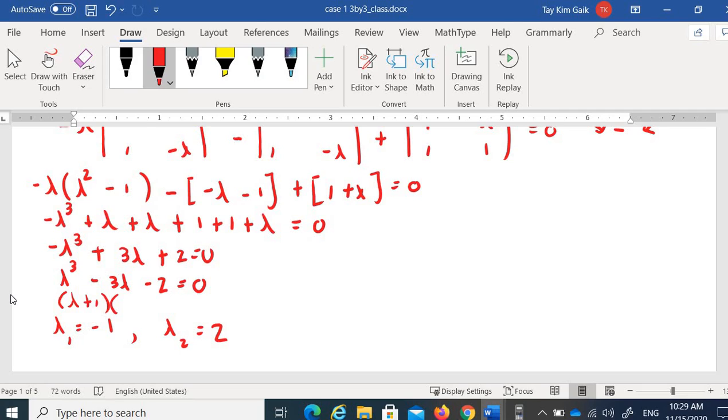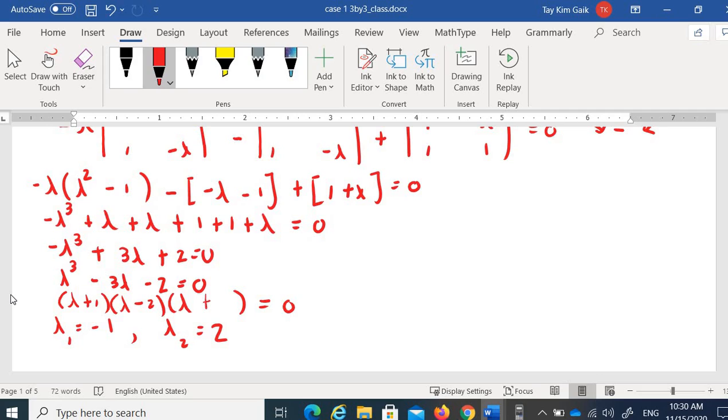This one the root is 2, so it means your factor is lambda minus 2. So you should guess this one is what value, so that you will get a constant here, because lambda times lambda times lambda you get lambda cubed. So you should guess, okay, is it plus 1 or minus 2?